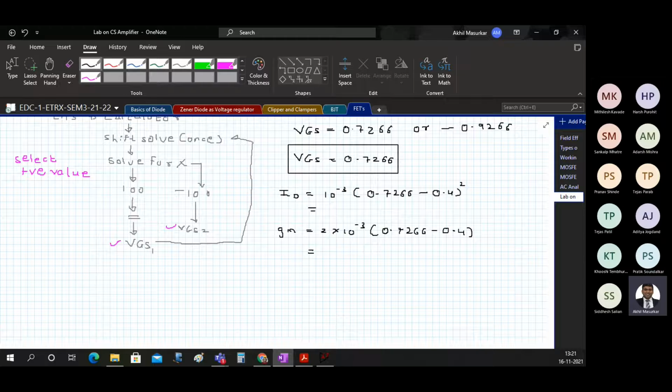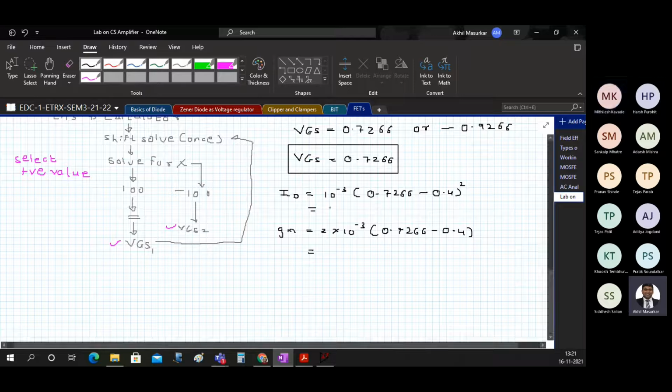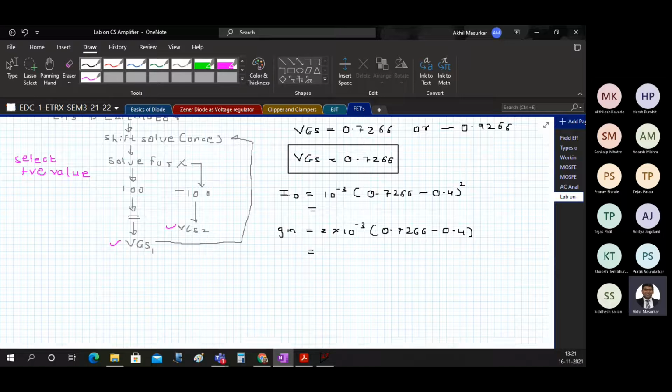Let's calculate this quickly. So ID is 10.66 milliamperes. Okay. Is it 10.6 or 106?